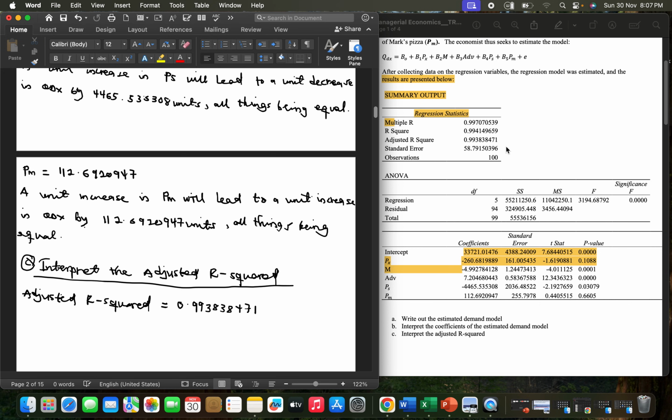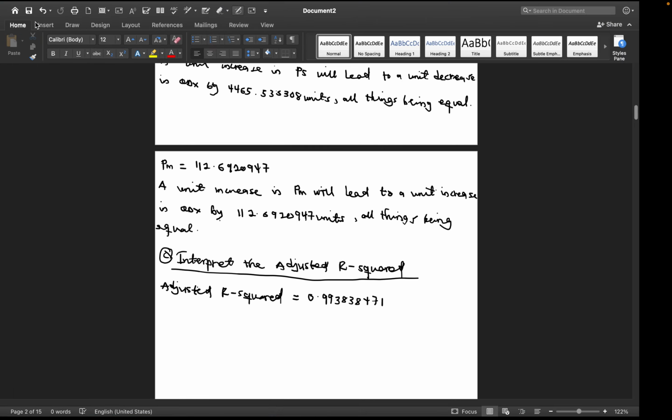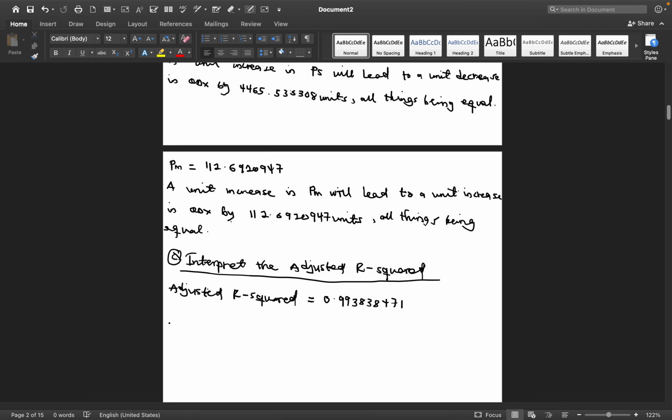We're asked to interpret the adjusted R squared. So let me enlarge it and explain it. This is how we interpret it.